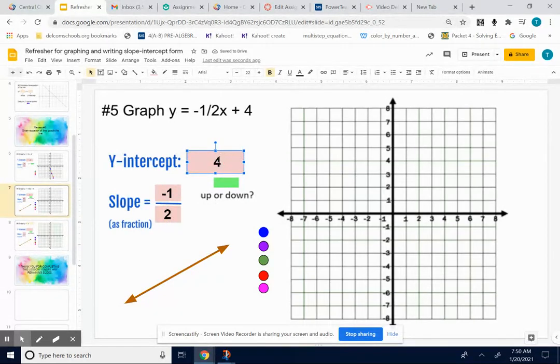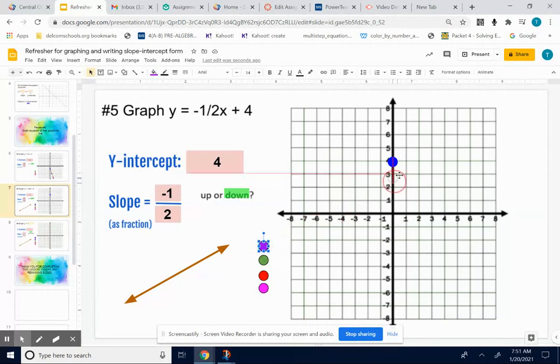The y-intercept is 4, so find 4 on this y-axis, right there. The slope is -1 over 2. Negative means down. So I'm going to go down 1 over 2, starting with that 4 on the y-axis.